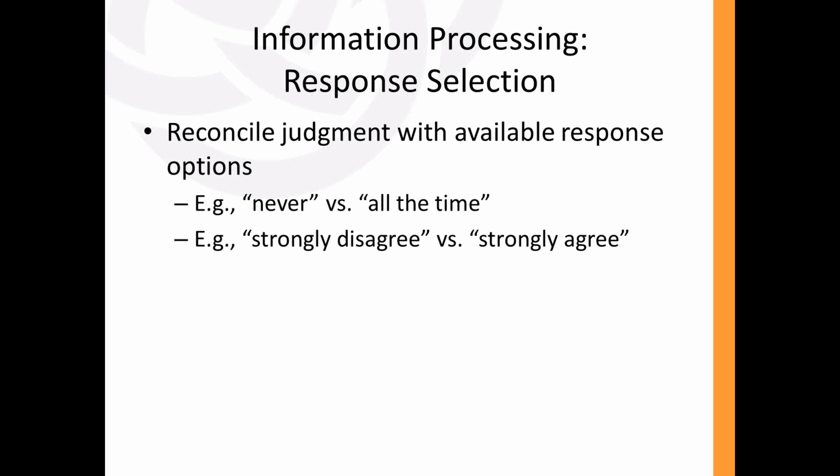So there's a potential disconnect between what a person thinks and the options that they're given, and they have to reconcile those two. And so there's going to be some ambiguity there as well.